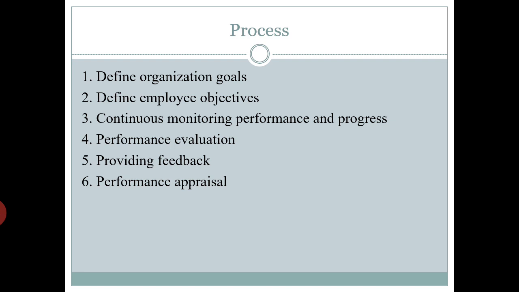If your organization's performance is badly affected, then what will happen? You can't achieve the goals which you have laid down for the organization, and surely it will lead towards failure of the organization.